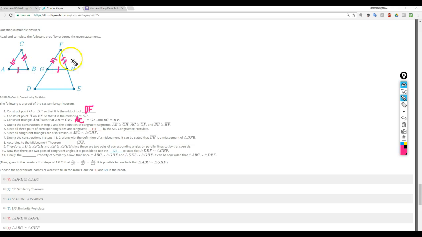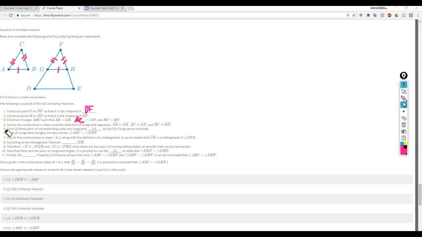If we hadn't marked these out and used elimination to figure out that that was AC, another way is to look at the next step ahead and notice that it's right here, AC. They're stating that AC is congruent to GF. So that means the length of AC had to equal the length of GF back in step 3.